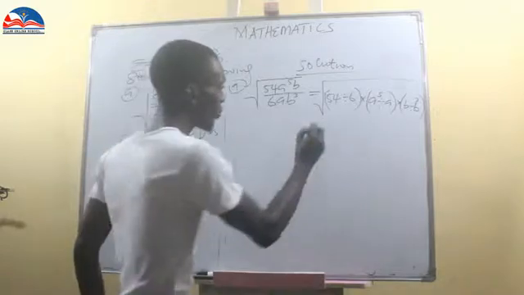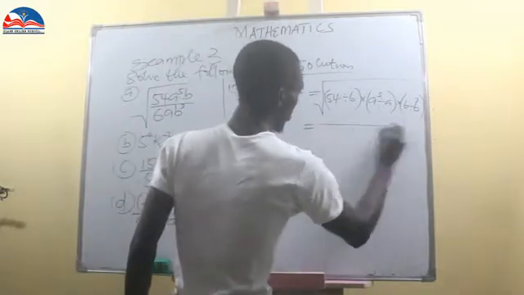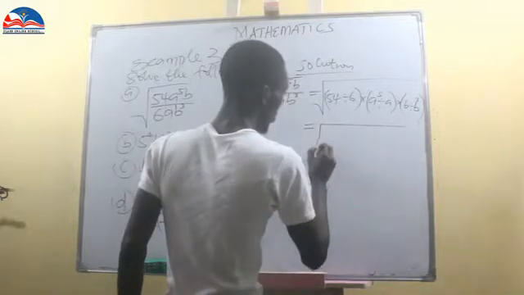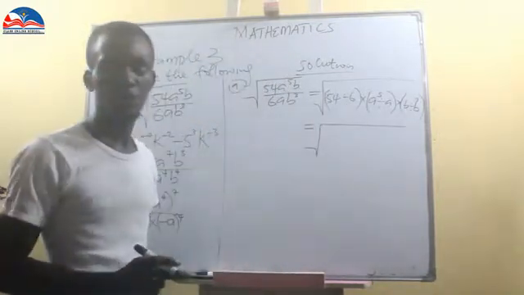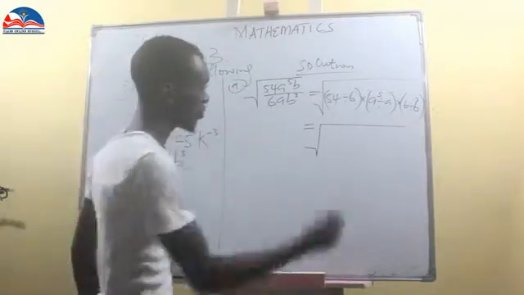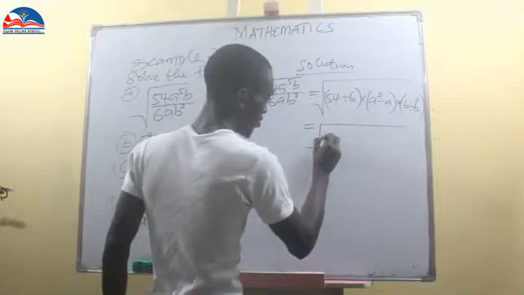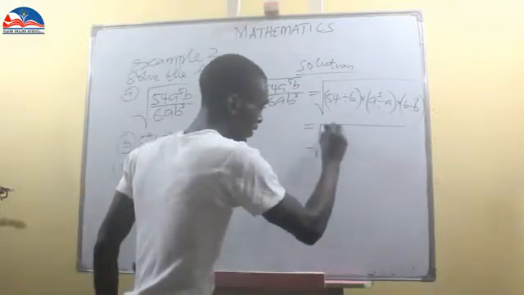Alright, so here we have roots, 54 divided by 6 will give us 9. I enclose it in a bracket.